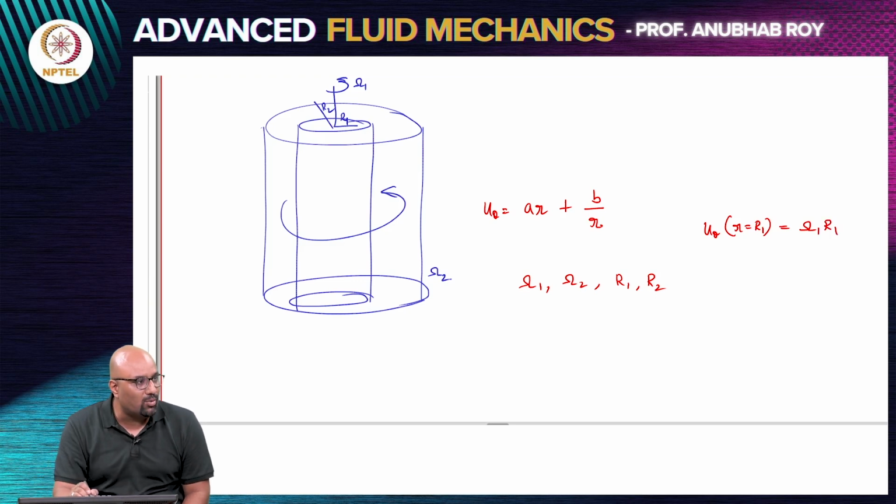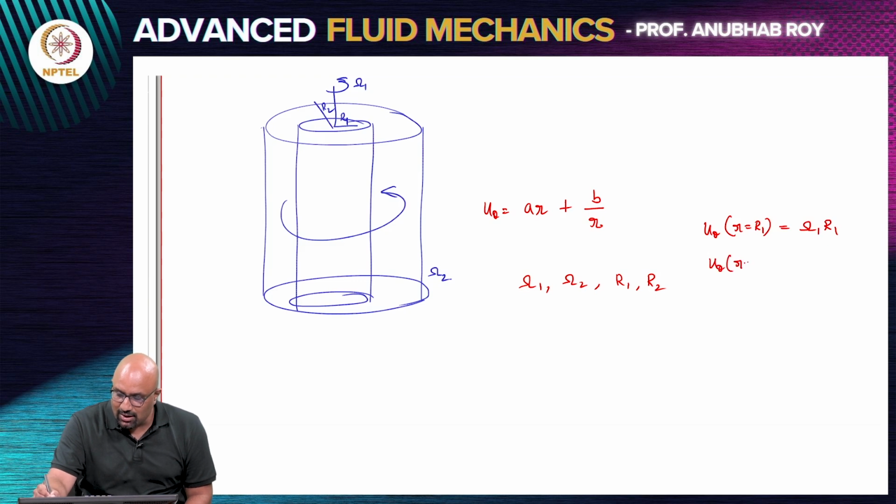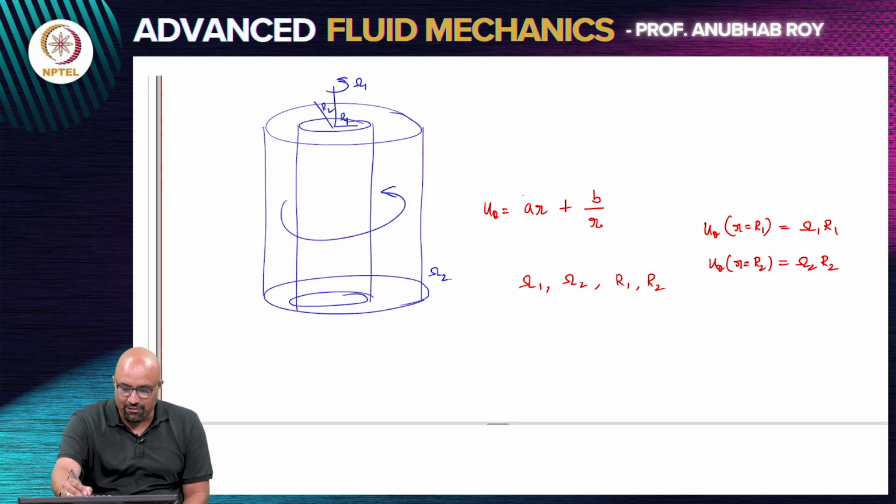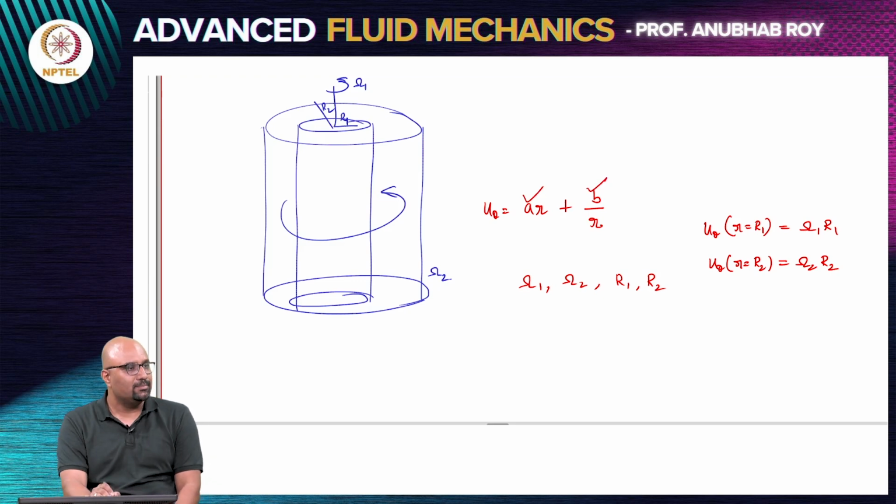That's a no slip boundary condition on the inner cylinder. On the outer cylinder, u theta is equal to omega 2 R2. The fluid has to stick to the surface of the cylinder. And so with these two boundary conditions, you can find what the two constants are.